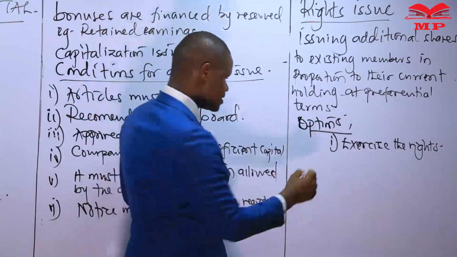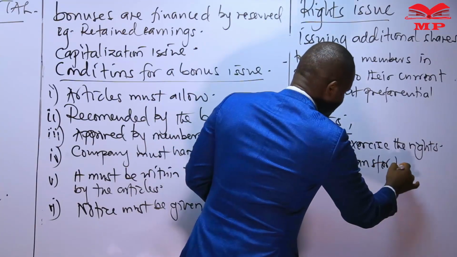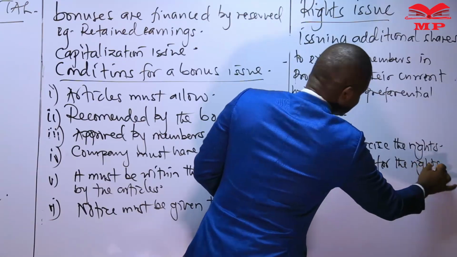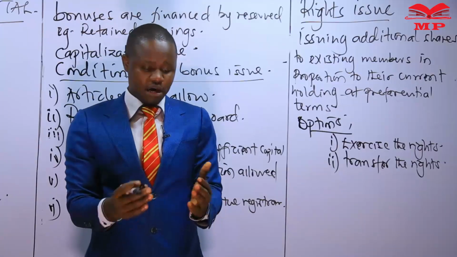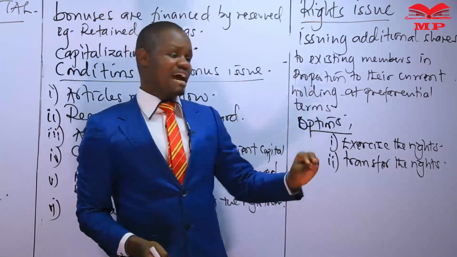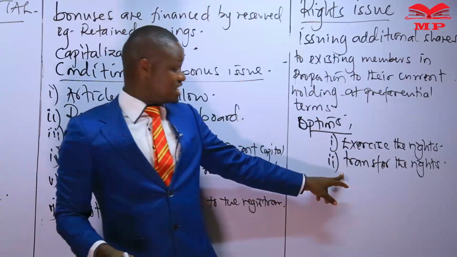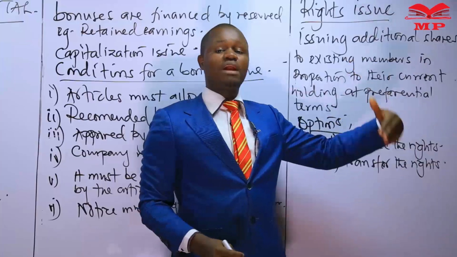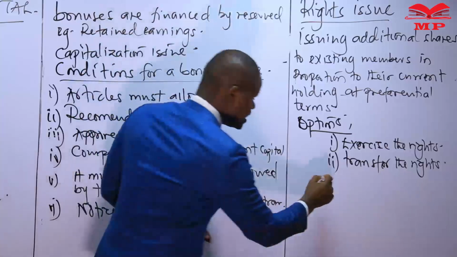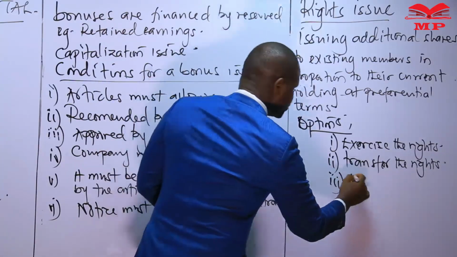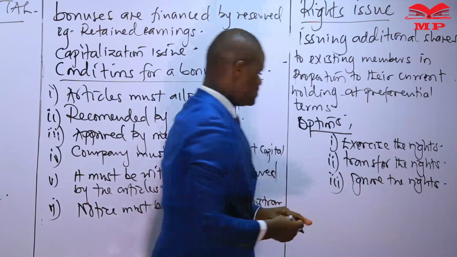The second option is where they transfer the rights, or simply sell these rights. I may have no money to buy, or I am not interested in taking up any additional shares, but I can transfer that right to another member or a non-member to buy such shares that are being offered as part of the rights issue. Then the third option they have is to ignore the rights. That is the third option.